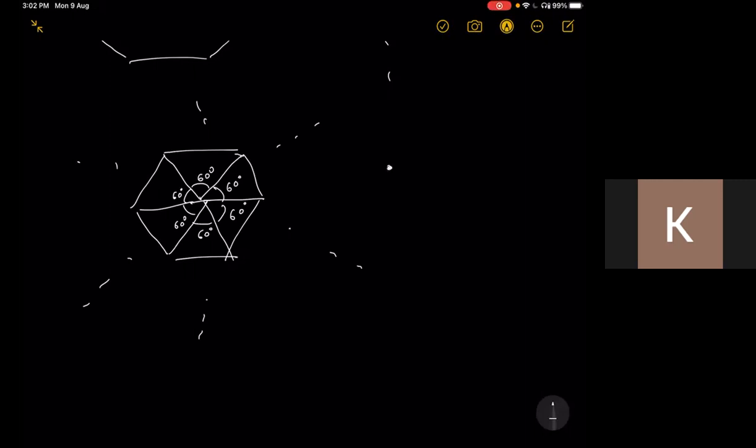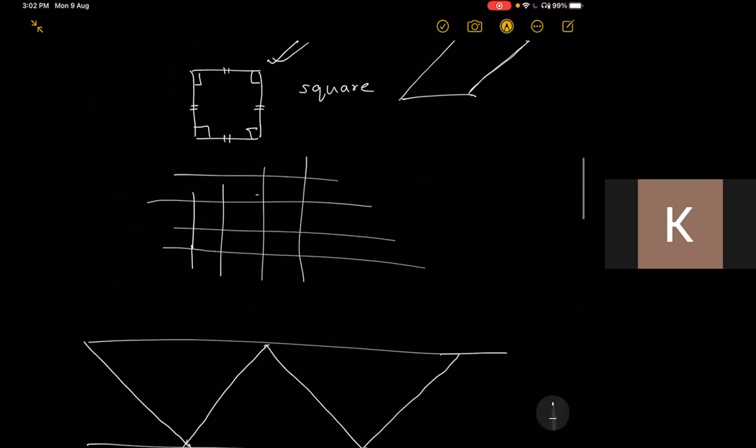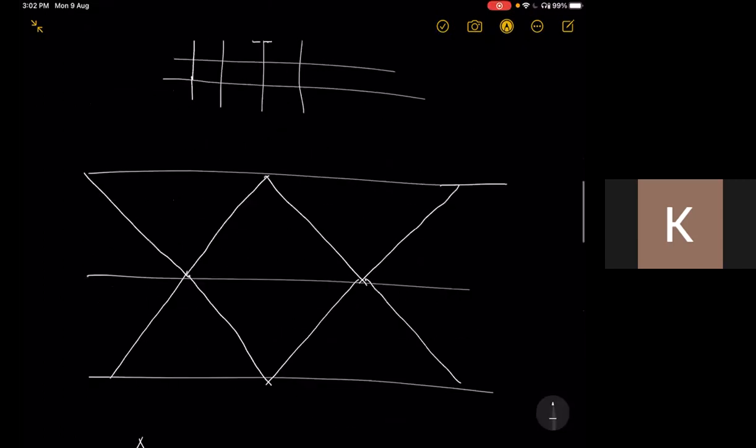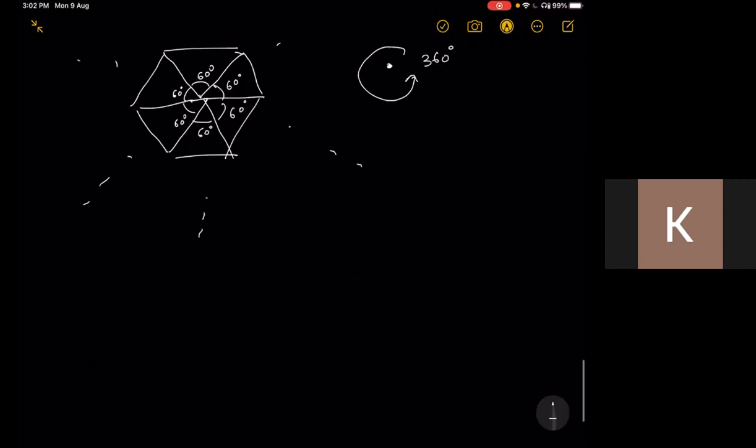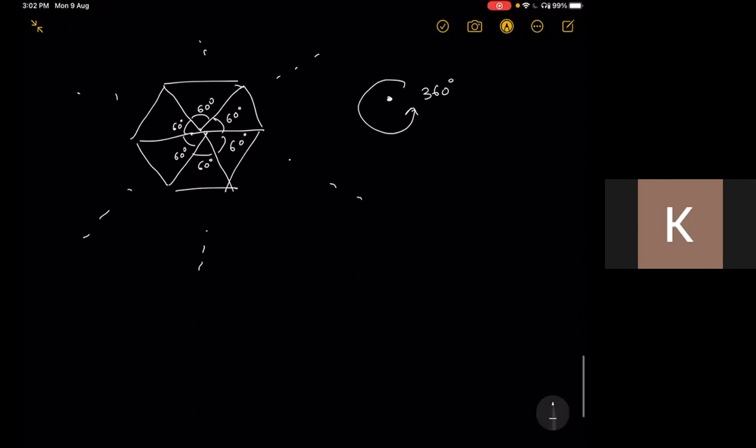In each vertex, the total sum must be 360 degree, right? That is very obvious. Even in the square case, it was 90 degree, 90 degree, 90 degree, 90 degree. So wherever many polygons meet at one common vertex, there the total angle has to be 360 degree.